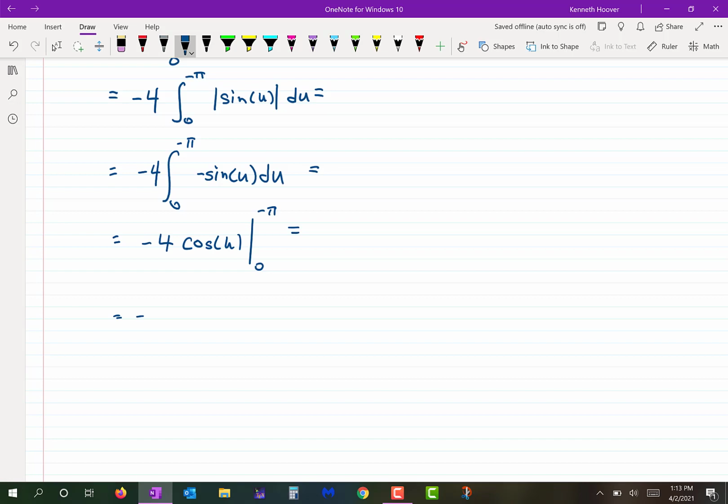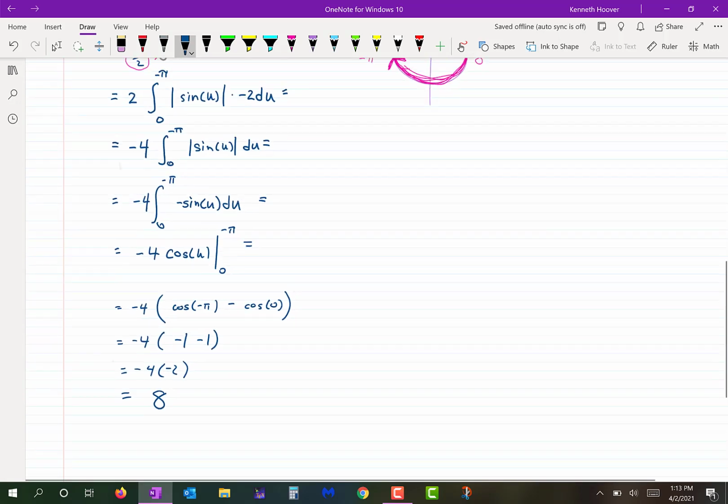So that's -4 cosine of negative pi minus cosine of 0. So that's -4 times -1 minus 1, which is -4 times -2, which is our answer, 8.